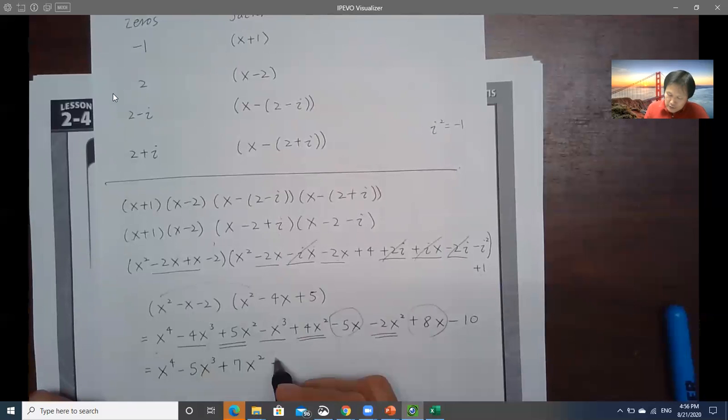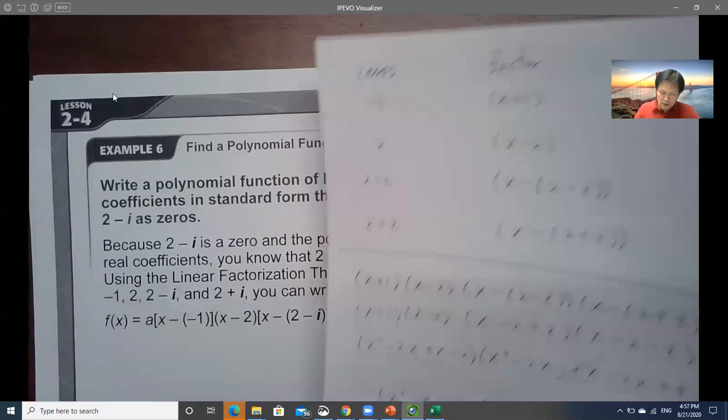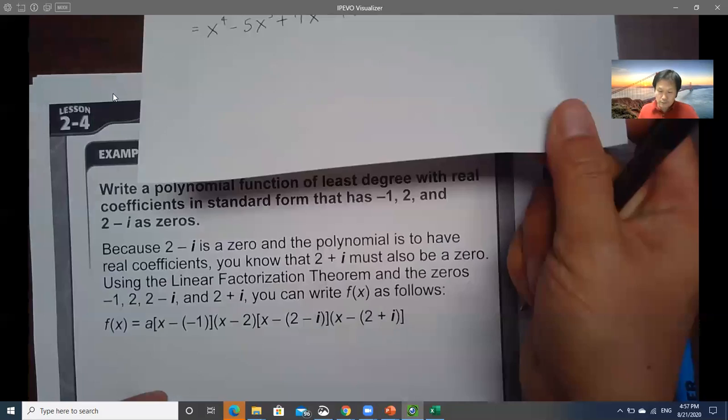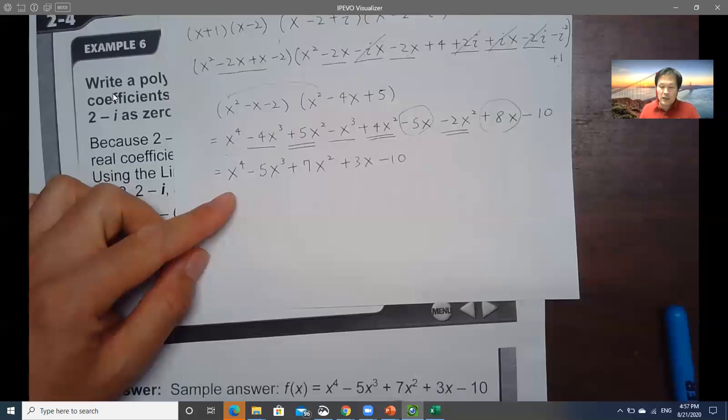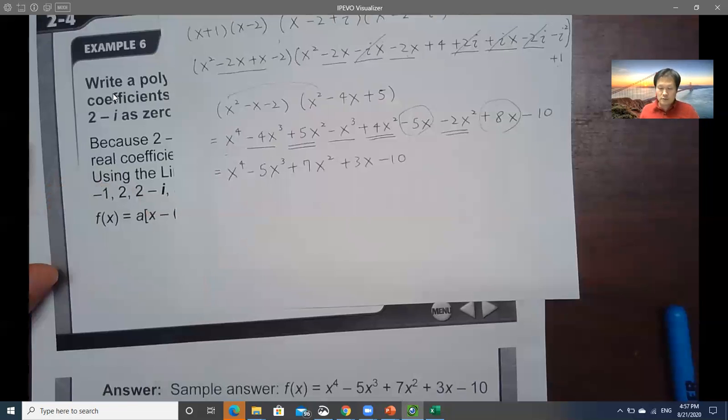Plus 3x minus 10. Okay, did I get the correct answer? Yeah, that's the one. A lot of work, huh?